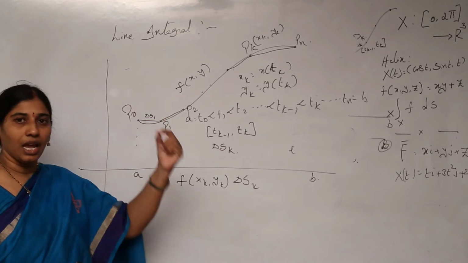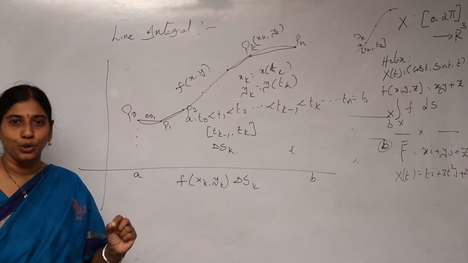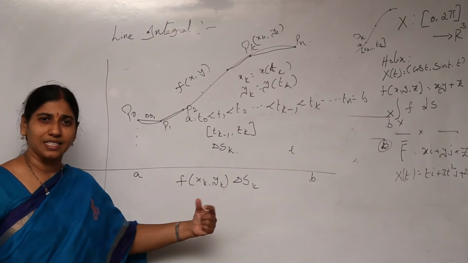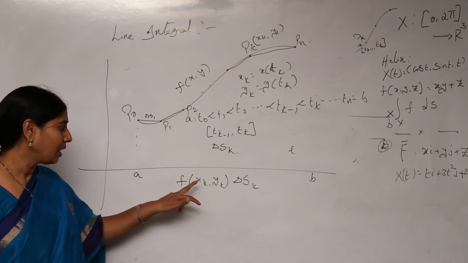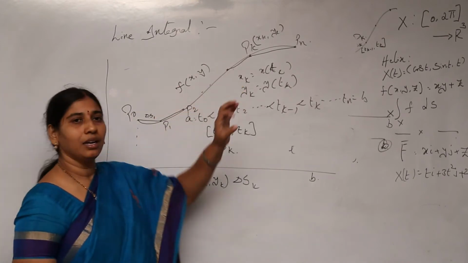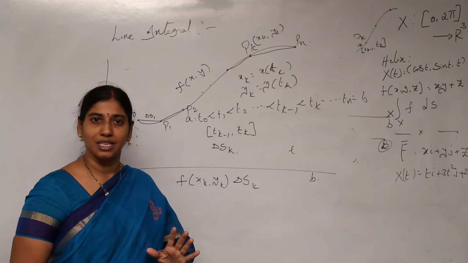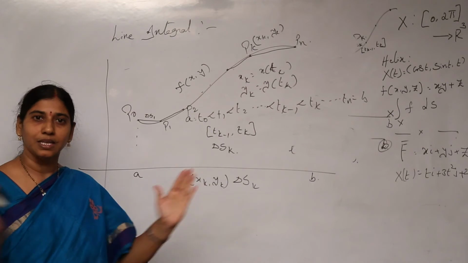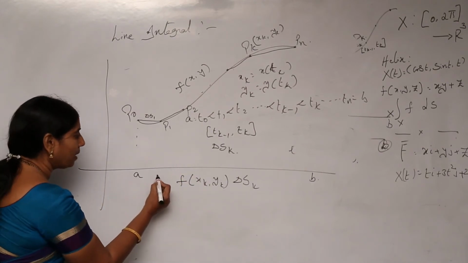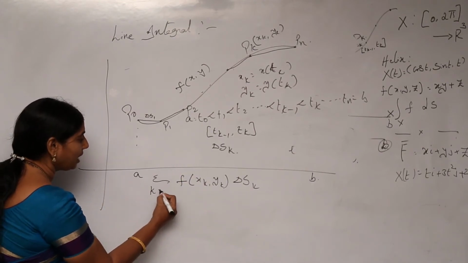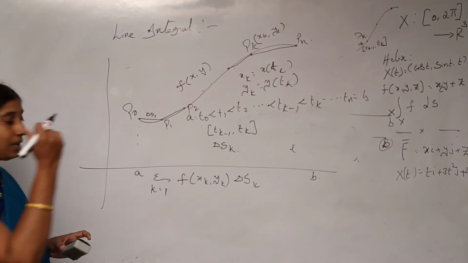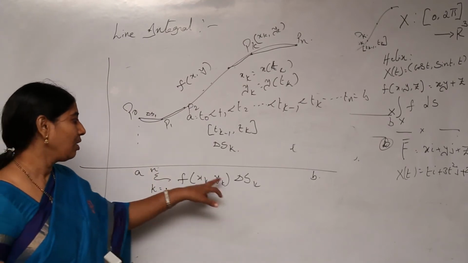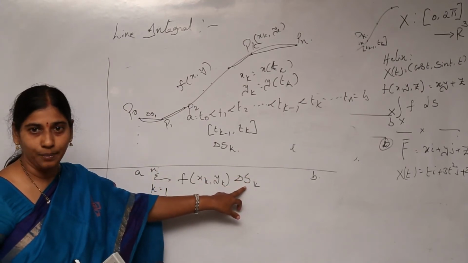For each and every particular subarc, we are computing f of xk, yk into delta sk. We have n number of subarcs like this. For each and every subarc, let us compute the same product. Then sum up all those things. Summation, k is equal to 1 to n, f of xk, yk, delta sk.